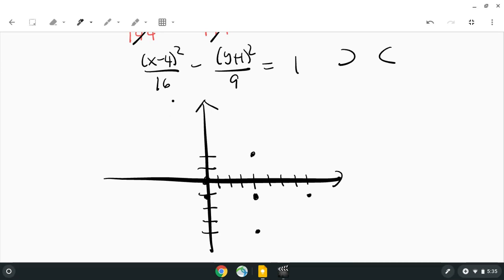I got those from over here, right? So square root of 16 is 4, so I went 4 in both directions. Square root of 9 is 3, so I go 3 in both directions. Underneath x gives you the horizontal. Underneath y gives you the vertical.